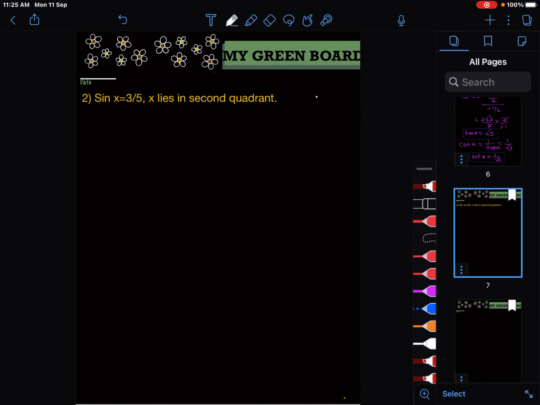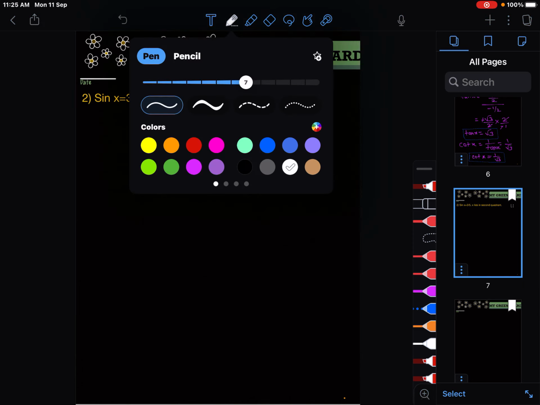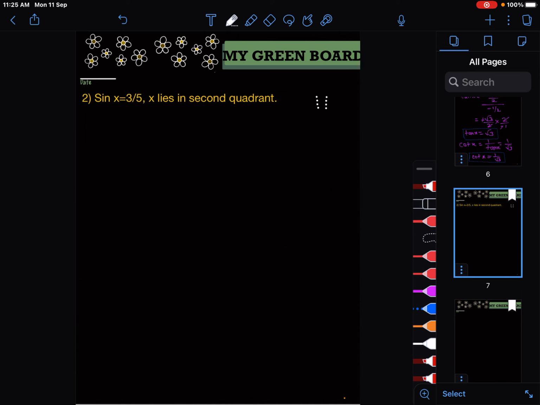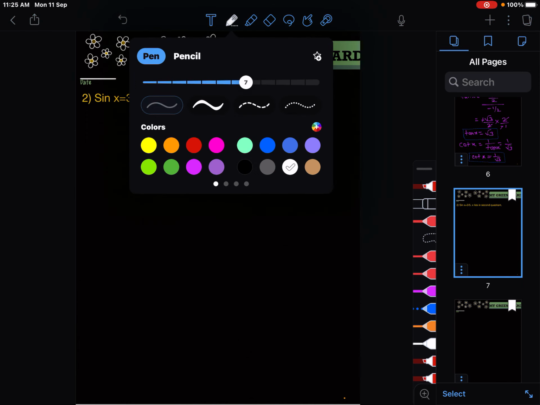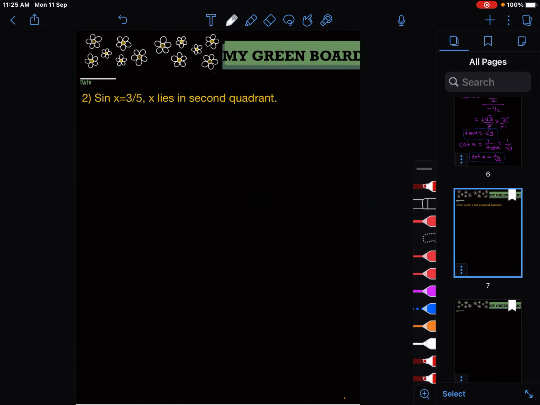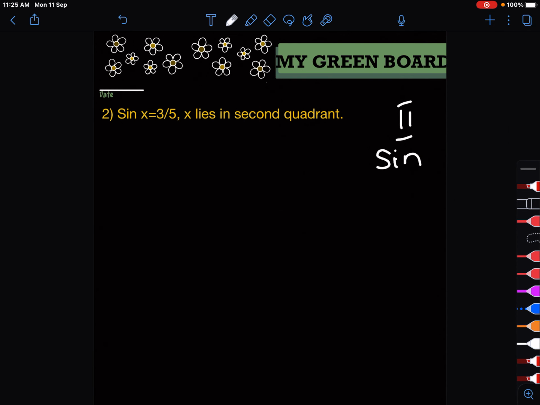Now in the second quadrant we know that sin and cosec will be positive. We very well know, all students take coffee. So the second quadrant is students, so sin and cosec will be positive.